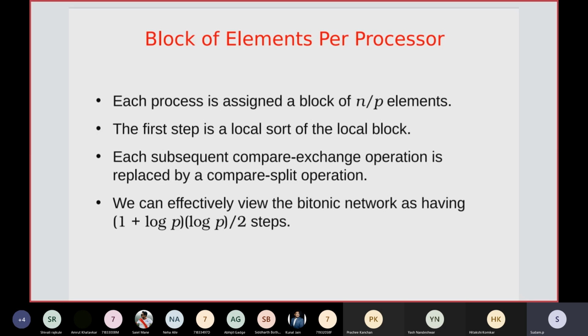In our example, we have considered 10 elements per processor, so each processor will have a sequence of 10 elements. Okay, or this might be the Bitonic sequence, either increasing and then decreasing in nature. We can effectively view the Bitonic network as having 1 plus log p into log p divided by 2 steps. So these many steps may be required for the Bitonic sort.